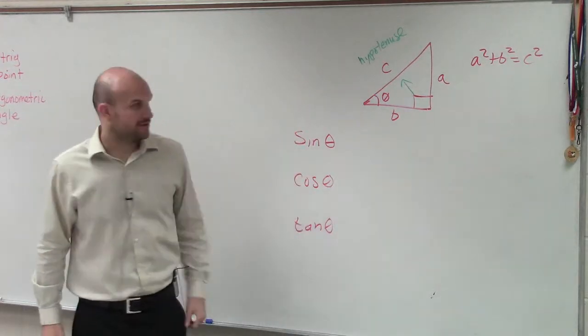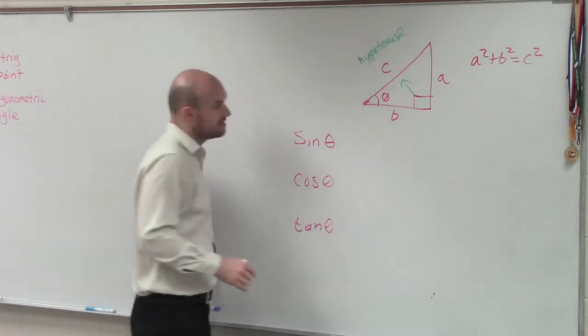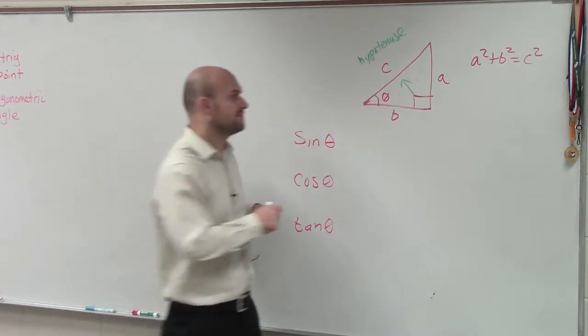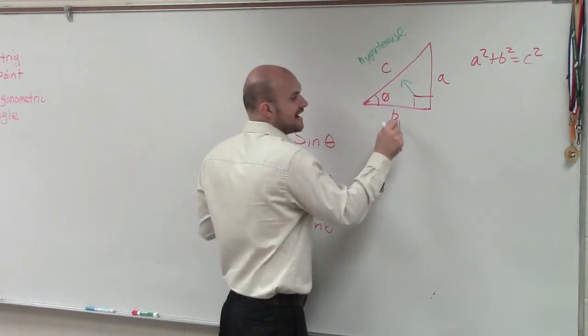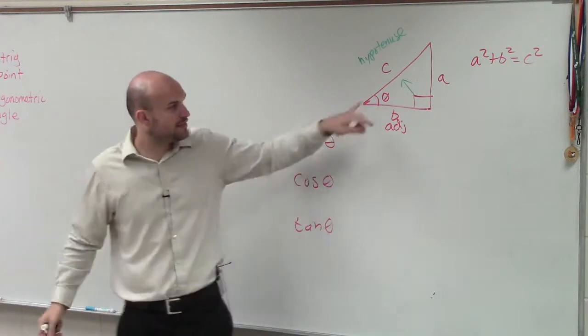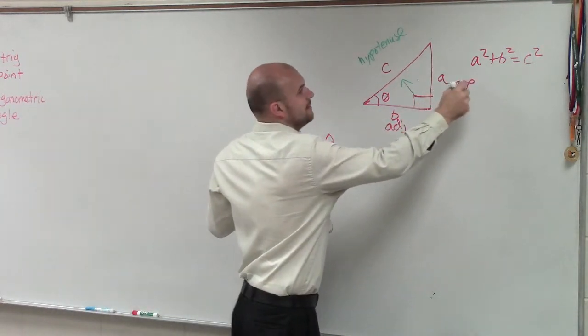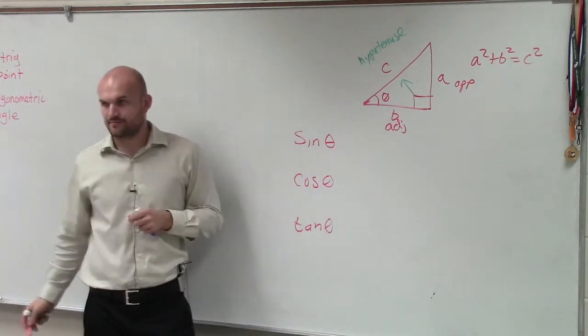So we always have the hypotenuse. But where theta is tells us what our other two legs are. So if here's theta, then our adjacent side is between theta and your right angle. And what we call the opposite side is opposite of theta.